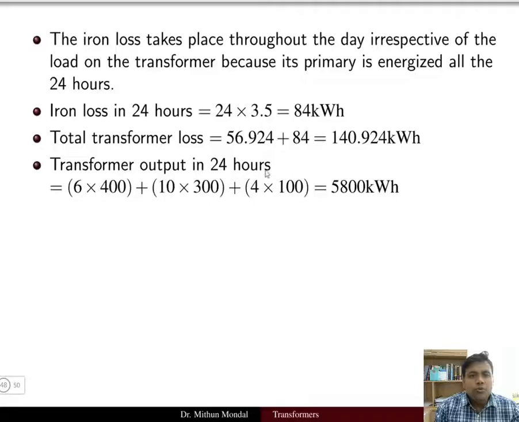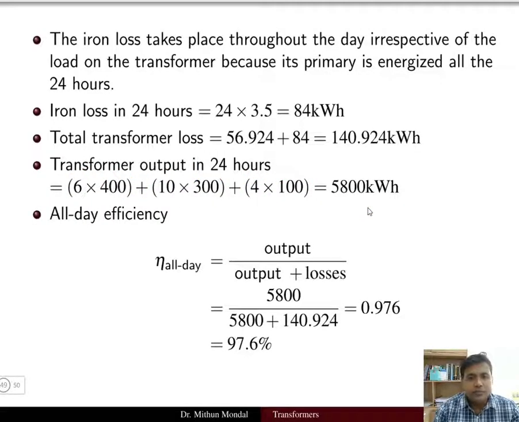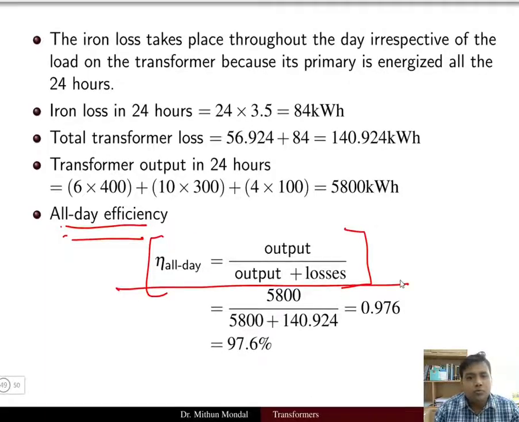So what is the output energy in 24 hours? Depending upon what kilowatt we are operating, we multiply with the hours. So 400 kilowatt multiplied with 6, 300 kilowatt multiplied with 10 hours, 100 kilowatt multiplied with 4 will give you 5800 kilowatt hour. Now calculating all day efficiency is basically the energy output divided by energy output plus losses.